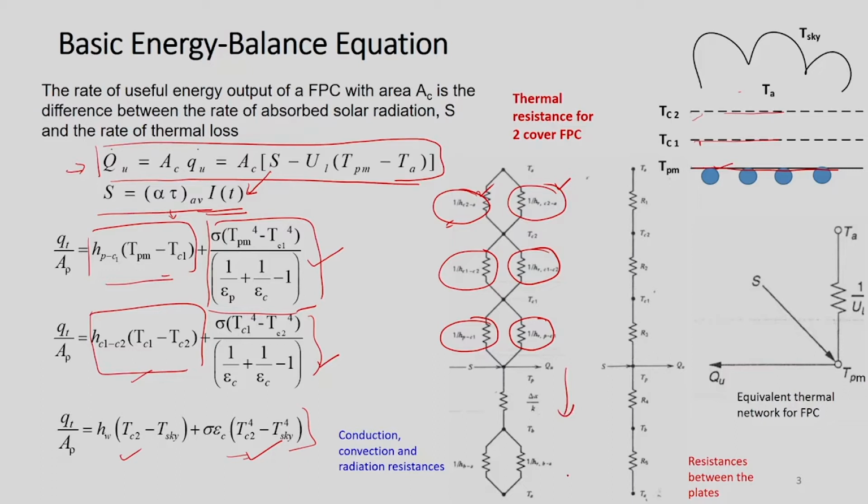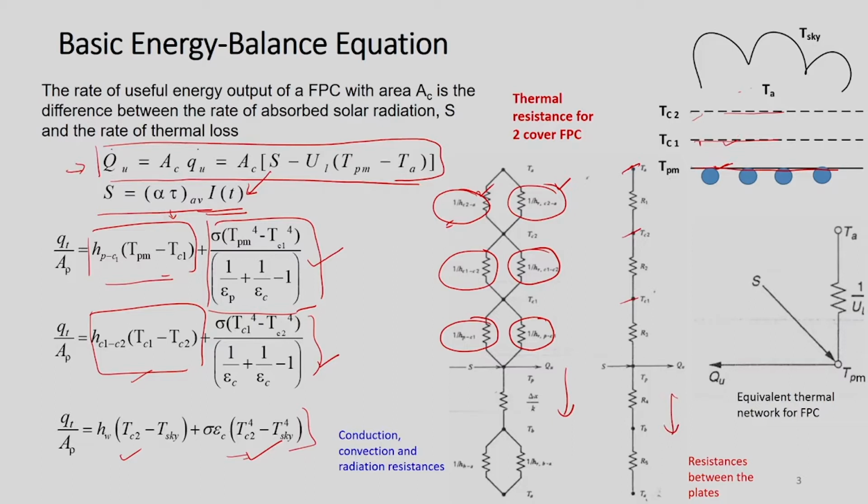Finally, if I am interested in the resistances between the plates, we can draw this. R1 is from glass cover 2 to ambient, R2 is from glass cover 1 to 2, and R3 is from the absorber plate to glass cover 1. And this part is the bottom loss or bottom resistance.